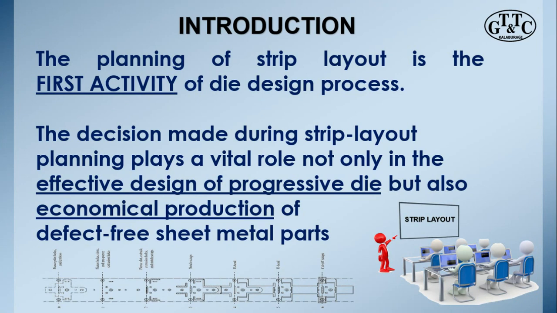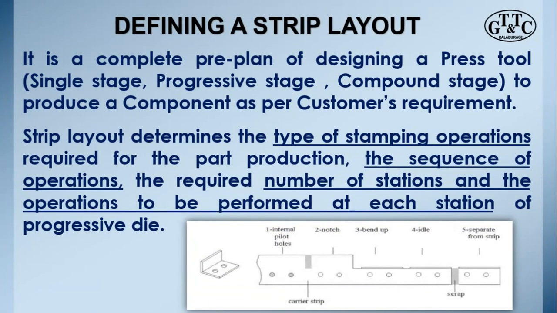Planning of a strip layout is the first activity of tool designing process. It plays a vital role in effective design of a progressive tool and an economical production of defect-free sheet metal components. Then, how do you define a strip layout?